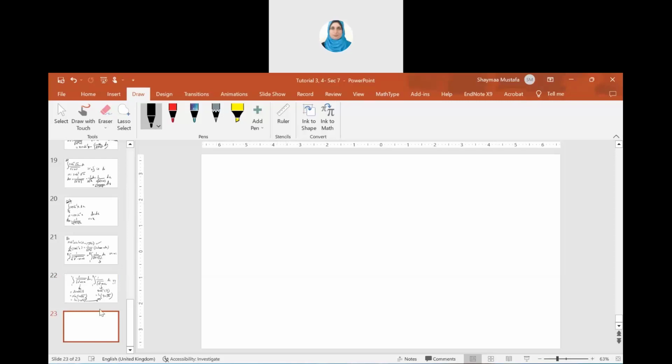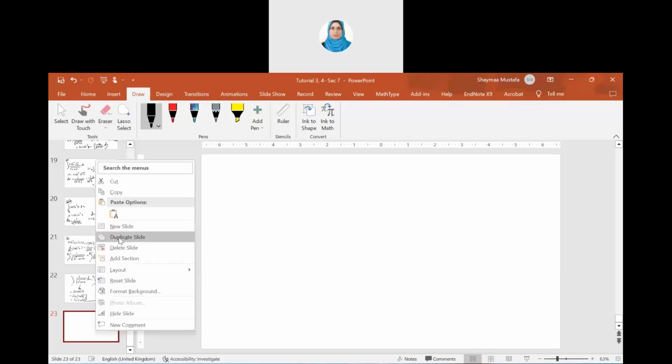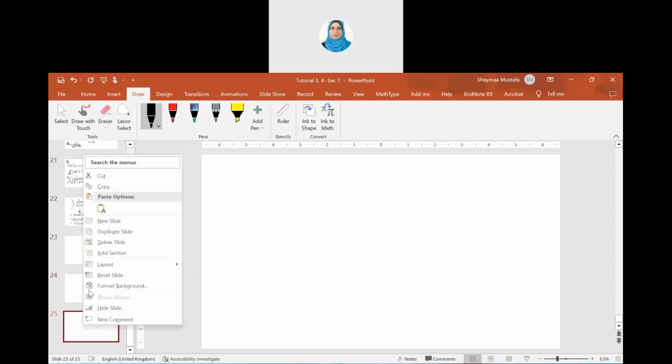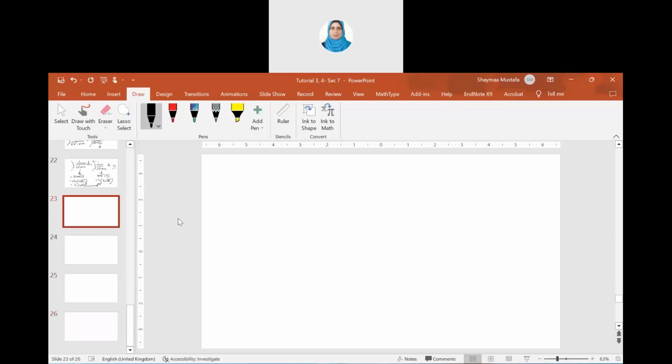Okay, now for question 32b and 33a. 32b: sinh squared 3x. This one use the identities.